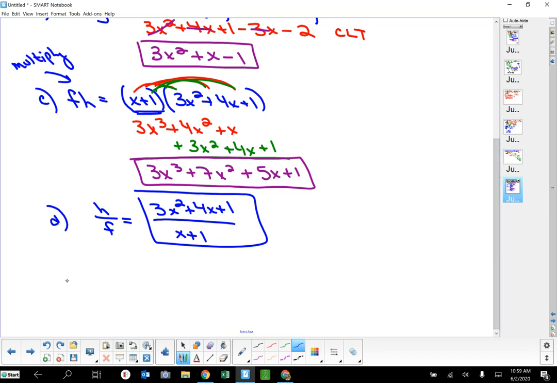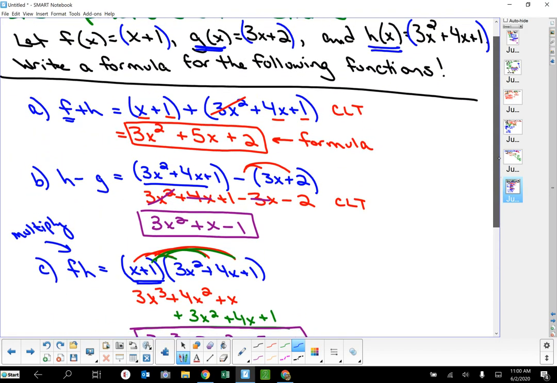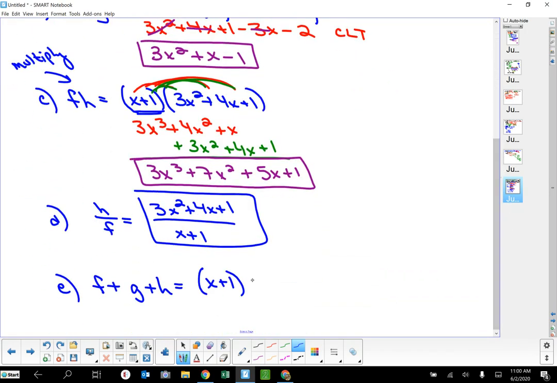You're going to see something like, we'll make this E, f plus g plus h. You're quite literally adding all of them together, right? So f is x plus 1, g is 3x plus 2, and h is 3x squared plus 4x plus 1.